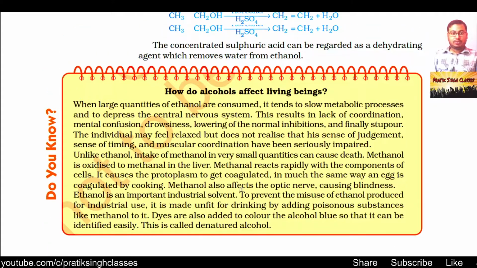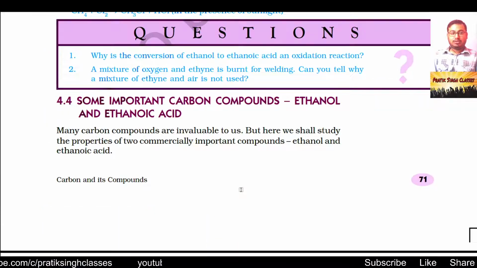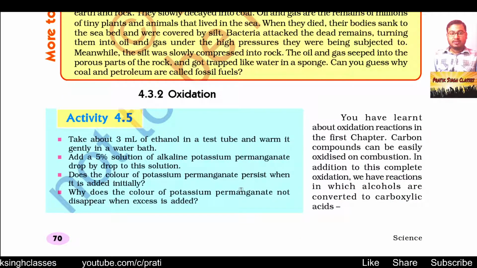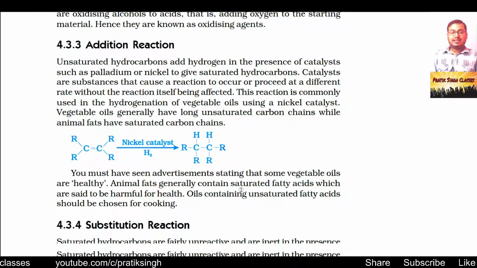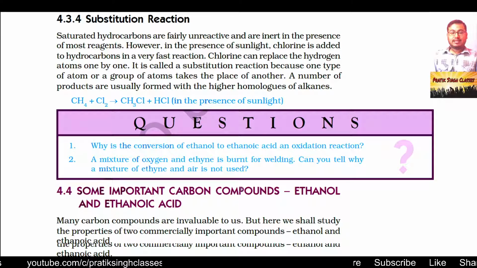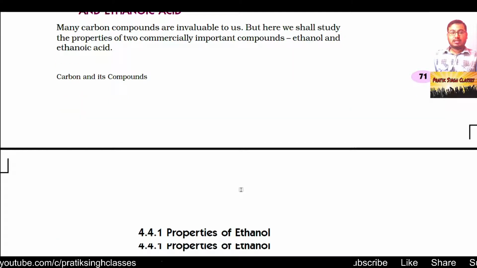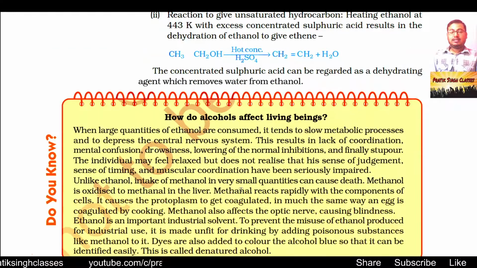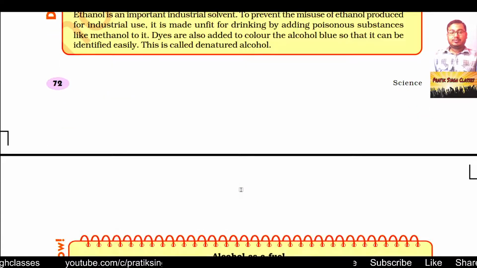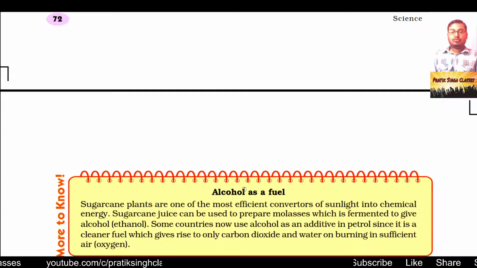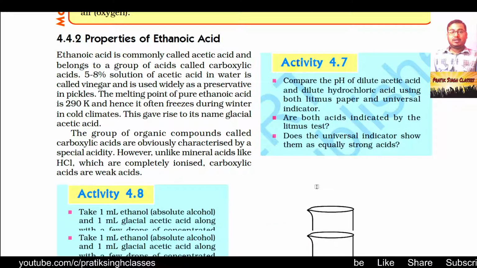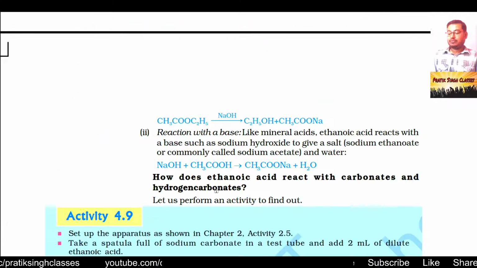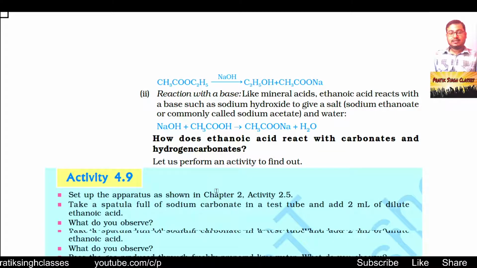Fine. So up to this point, let us have a small recap of what we have seen today. We have seen oxidation, then addition reaction, then substitution reaction, then ethanol and ethanoic acid, properties of ethanol, reactions of ethanol in different situations, and then how it affects us. In the next video we will study alcohol as a fuel, then properties of ethanoic acid, that is the COOH group, reactions of ethanoic acid with different reagents under different conditions, and a lot of other things we will see.